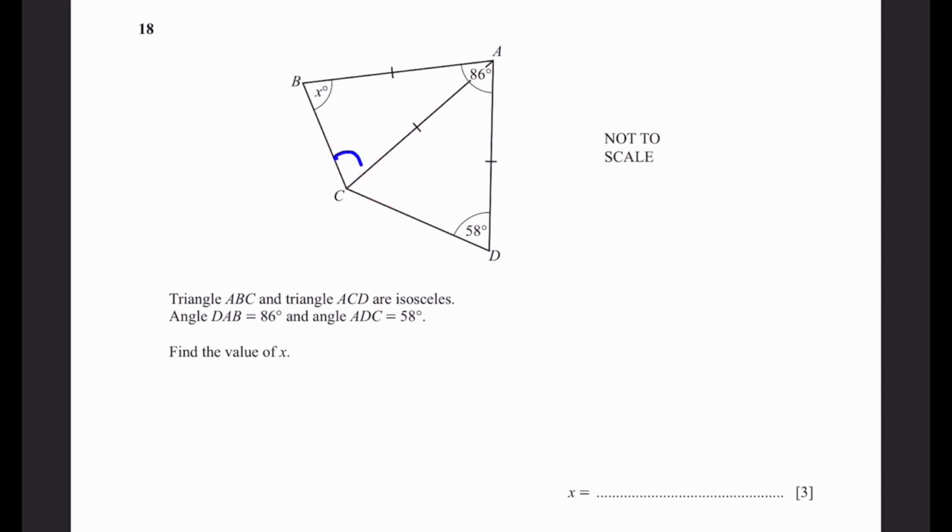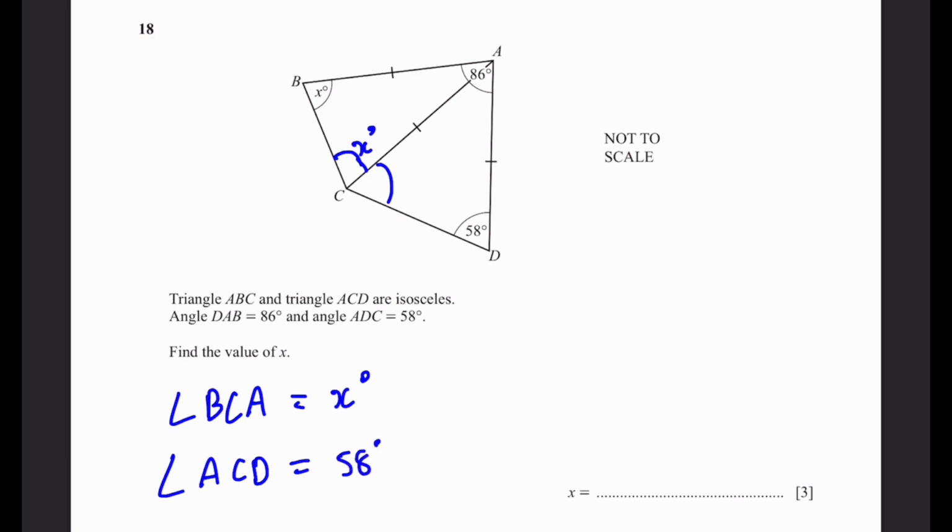So this angle right here, which is angle BCA, is equal to x degrees as well. So let's write that there, x degrees. And this angle ACD is 58 degrees, because there's 58 here, 58 here, and these two sides are equal.